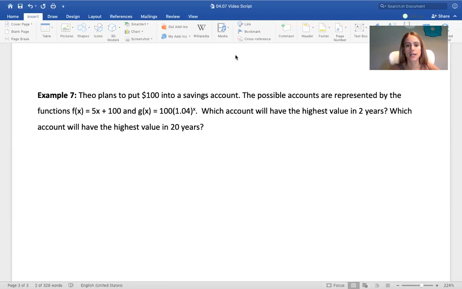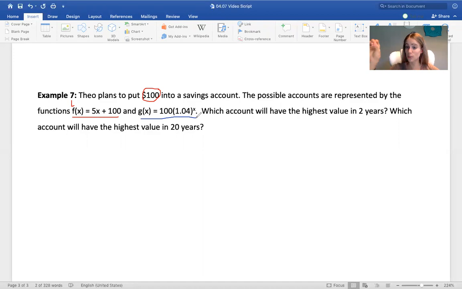All right, let's go for our second read. So he plans to put $100 into a savings account. And then we have 2 accounts. So this one, the first one, is that linear or exponential? Linear, yep. Then our second account, how about that one?